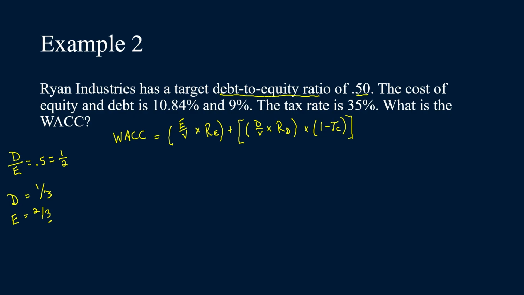Okay, so that's our formula. So now we just put in the numbers. Now for the equity value, that's going to be 2/3. So we have 2/3 times our cost of equity, and that's going to be 10.84%. So 0.1084.